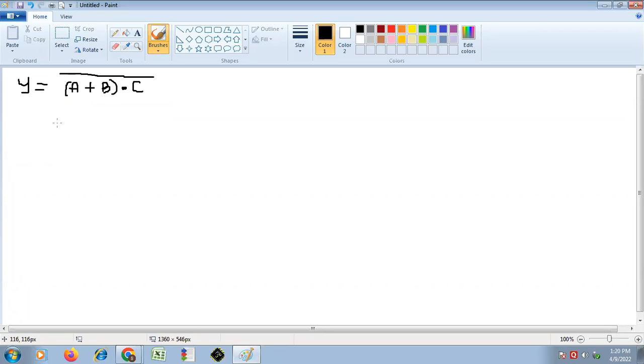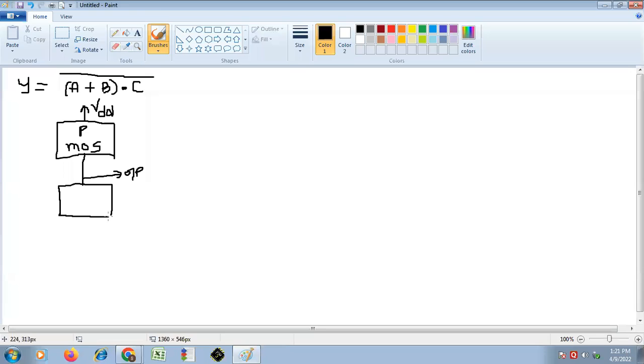I will repeat it for you, and from next time we will directly go for the CMOS representation. CMOS is made up of PMOS and NMOS. So this is VDD. Here you are taking the output. This is NMOS.